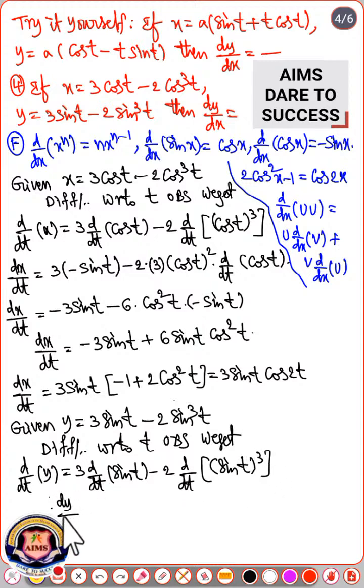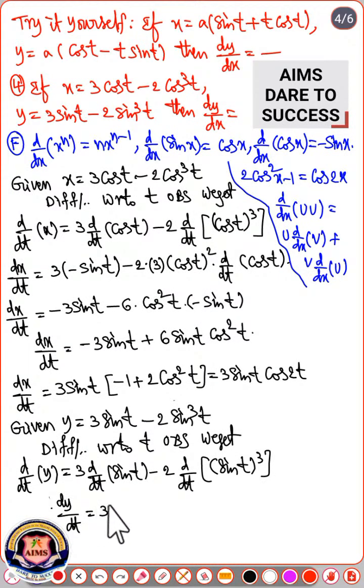So dy by dt is equal to 3 into the derivative of sin t, which is cos t, minus 2 into this looks like the derivative of x power n, with n replaced by 3 and x replaced by sin t.